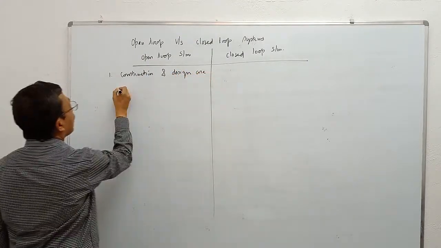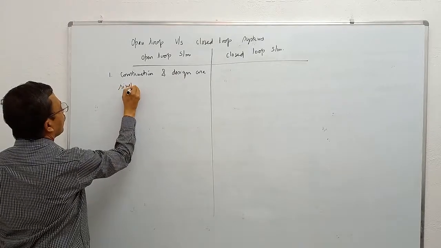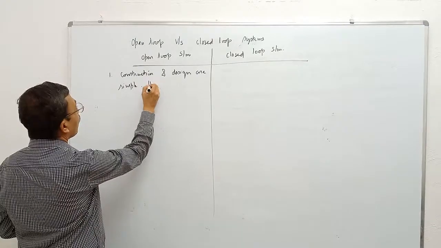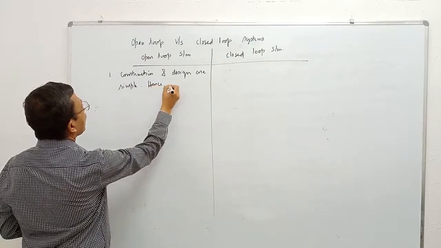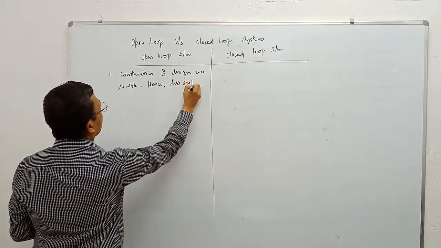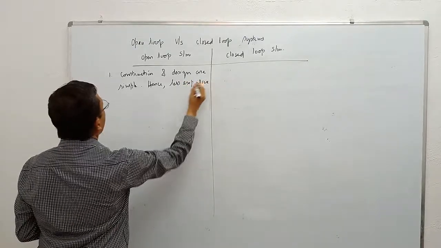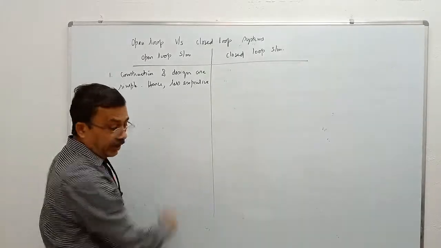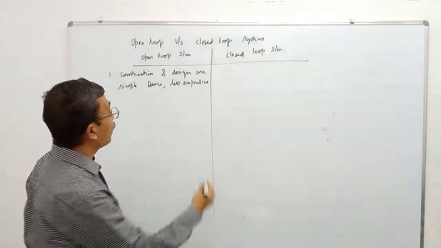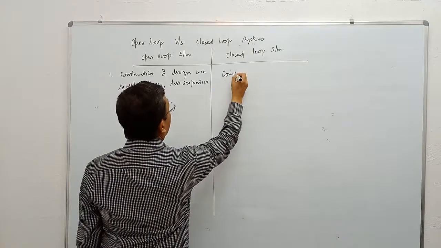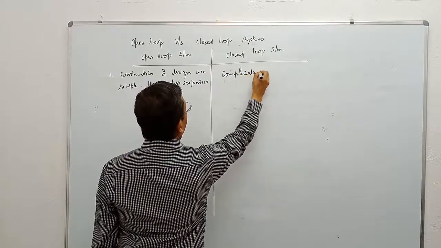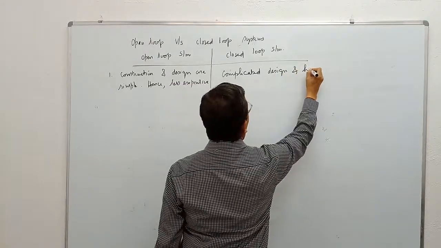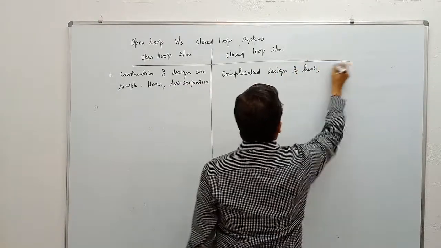For an open loop system, construction and design are simple, hence less expensive. For a closed loop system, complicated design and hence more expensive.